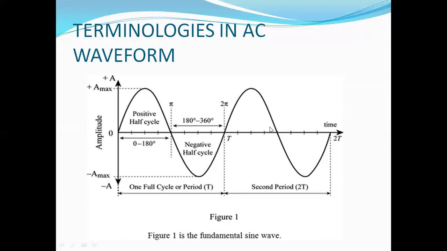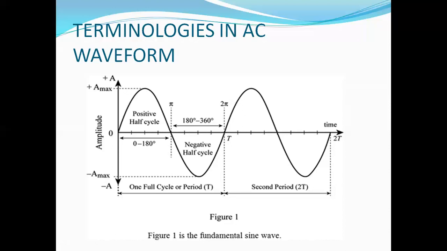Here also the same set is there, only the time changes. Such a repetition of the positive and negative half cycle is nothing but your cycle. Such variations that reoccur after regular time intervals are called a periodic waveform.